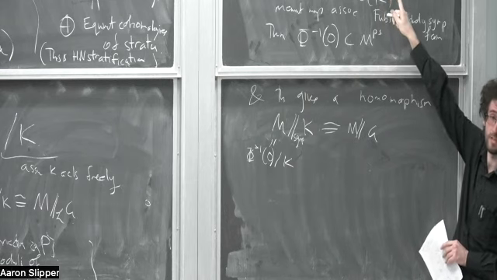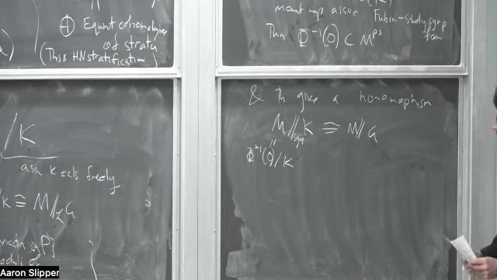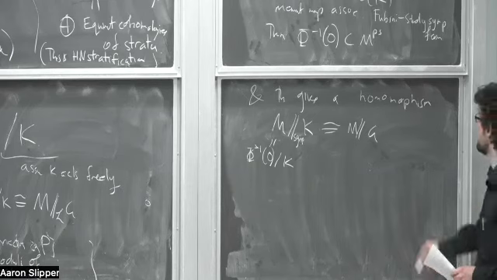It's the one that gives you its projective structure. We should probably assume K acts freely to not be technical.